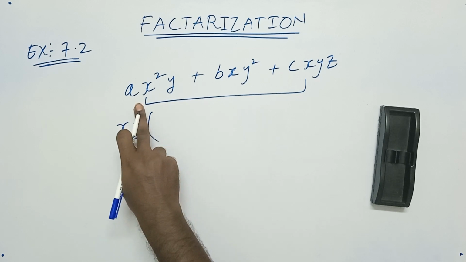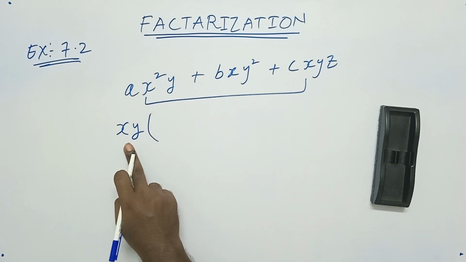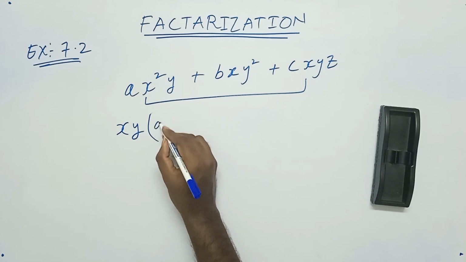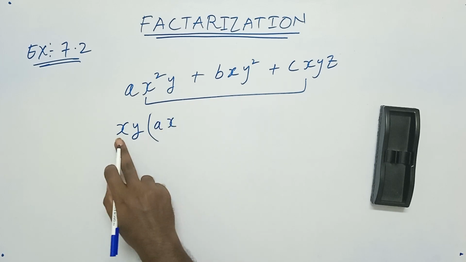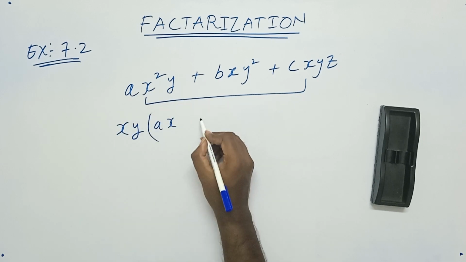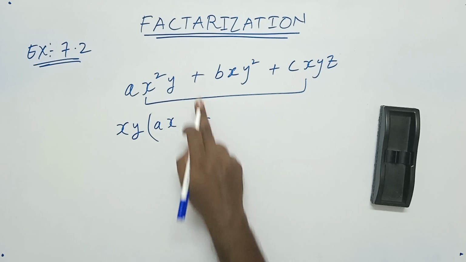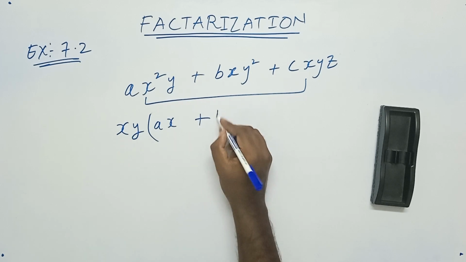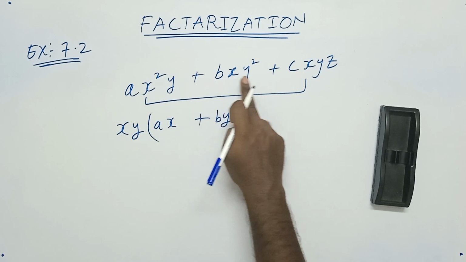Now we are going to divide the whole expression by xy. So xy times ax is ax square y, right? Then moving forward, we keep the plus sign. Xy times by is bxy square.